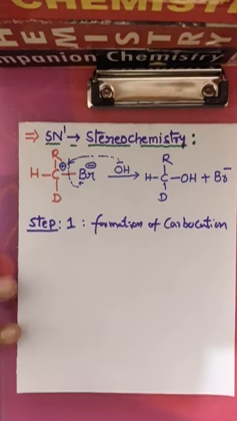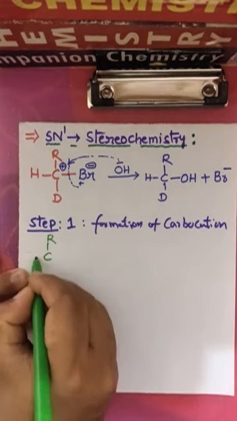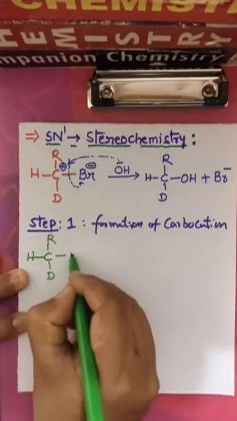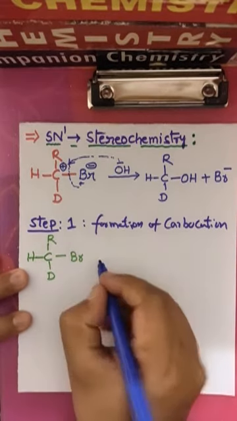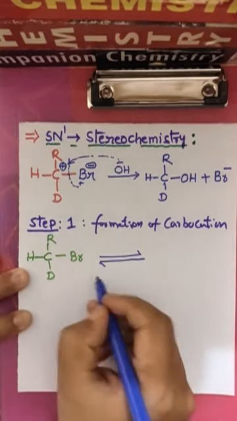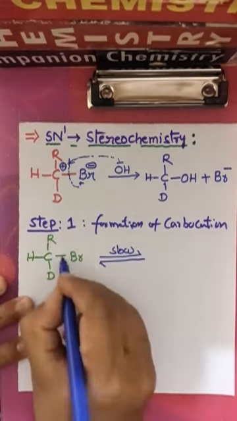Let me take the compound carbon, alkyl group, hydrogen, deuteron, bromine. And now in step 1 there is no need of any nucleophile. It is a slow step.